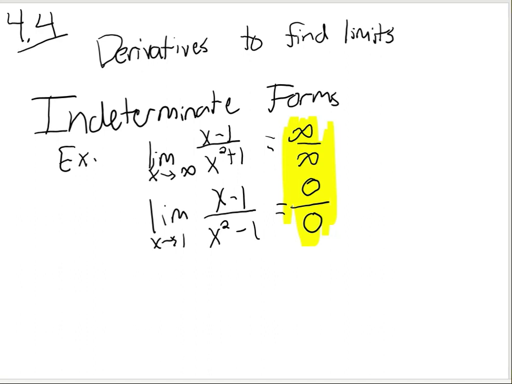Now note that what is not an indeterminate form is infinity over 0 and 0 over infinity. This one's infinity and this one's 0.